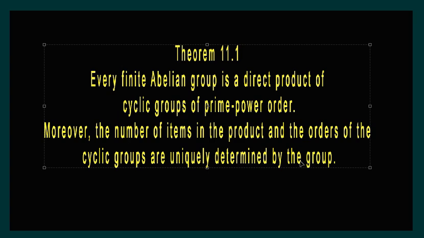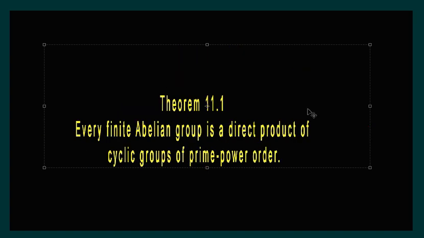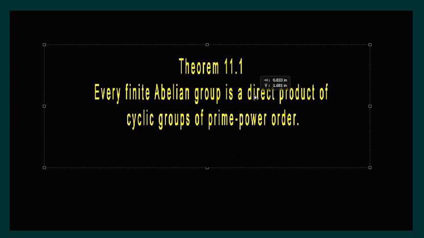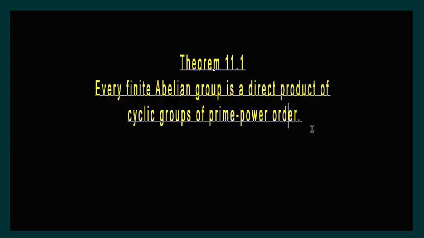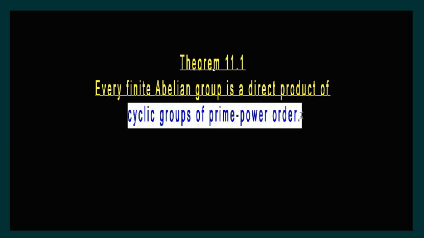First, every finite abelian group is a direct product of cyclic groups of prime power order. So it only says that if you need to break a group down into smaller groups, then it can be expressed by cyclic groups of prime power order.